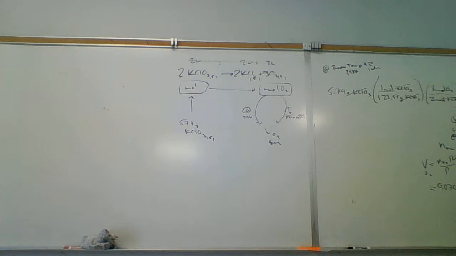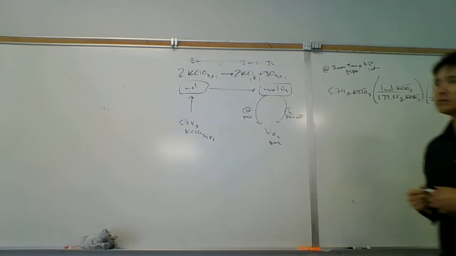And then T is 298 Kelvin. And then P is going to be 1 atmosphere. So atmospheres cancel, Kelvins cancel, moles cancel, that just leaves me with liters. So this is going to be times 0.08205 times 298. I get 1.717 liters. So close, 1.721, 1.717.